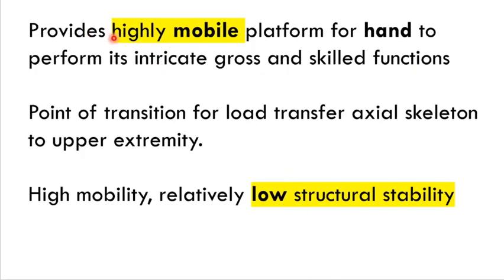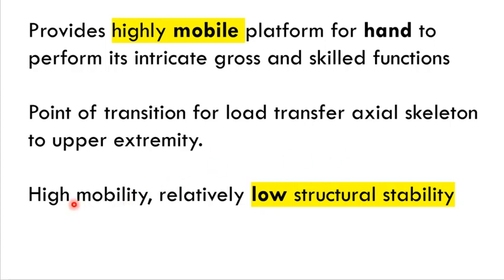The shoulder is a highly mobile platform, and it really has allowed us to develop our hand, and then the hand with the gross motor for brain development. The more complex tasks you do with your hand, there's a huge component between hand-eye coordination and cognitive development. Some even argue that our brains develop because of that freedom of our hands, because we have more tasks and skills that we can do, more fine control.